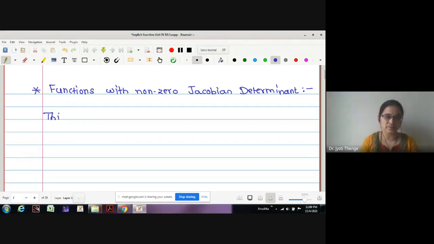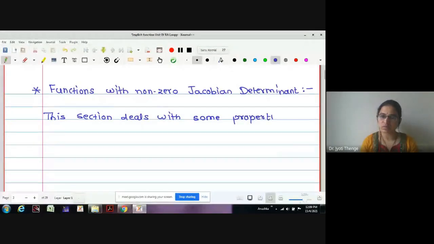This section deals with some properties of functions with non-zero Jacobian determinant.